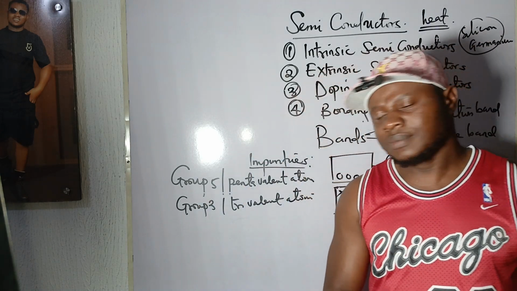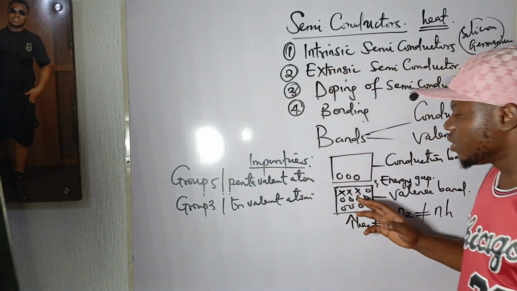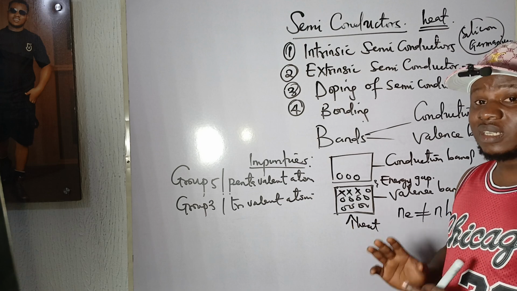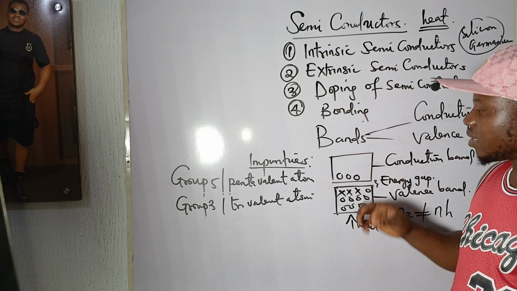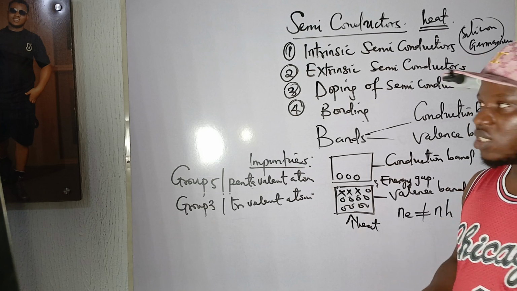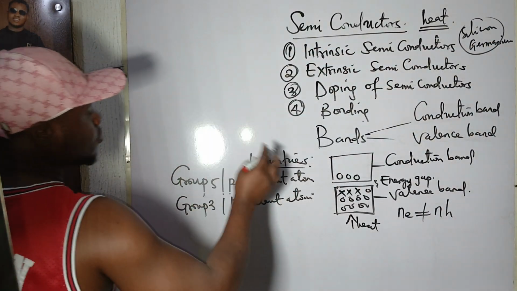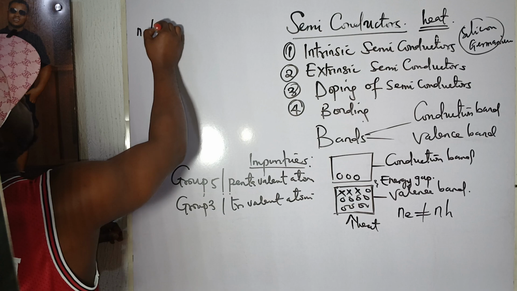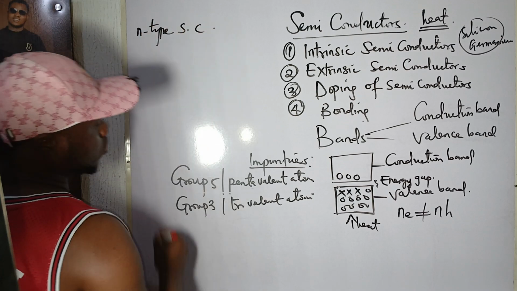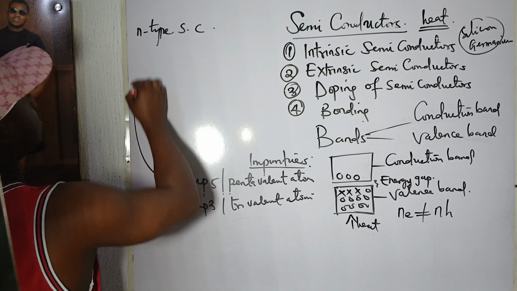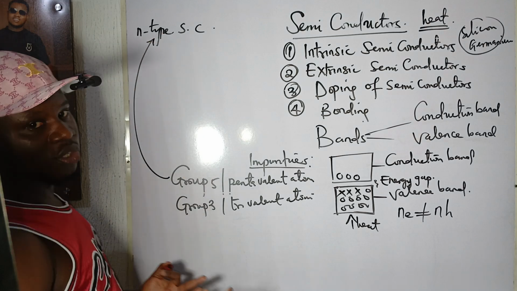The holes are going to be the minority carriers, and because electrons are in excess and the electron is negatively charged, we form what we call an n-type extrinsic semiconductor. So when you dope with group 5, an n-type semiconductor is formed.